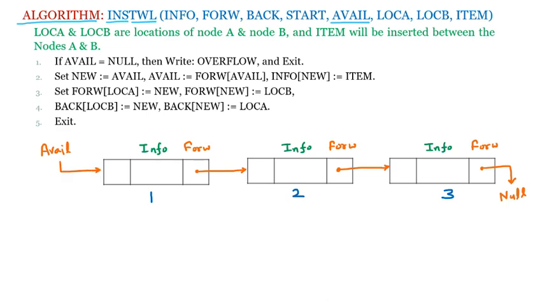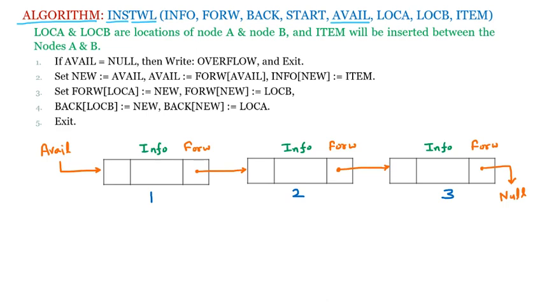Now remember this thing, the avail list will only work in one direction. The avail list is a one-way list. It is not working in the backward direction. Although we have considered nodes with three parts, info, forward and backward, remember that the avail list is only a one-way list.